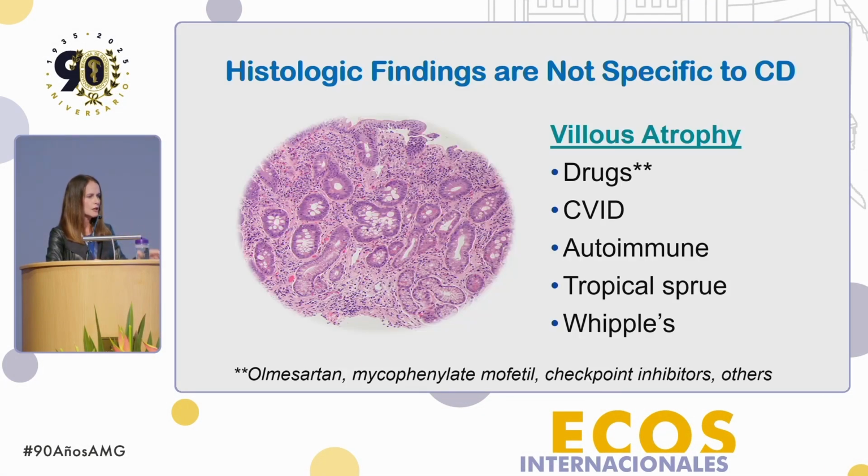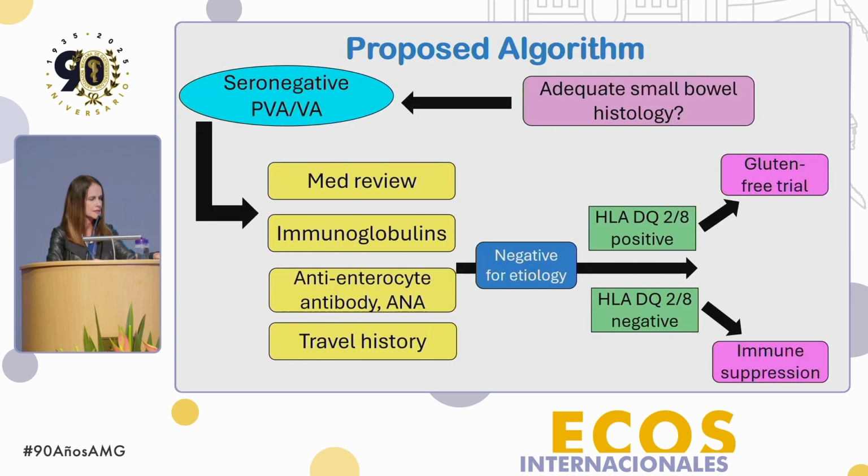So just remember, all histologic findings are not specific. I mentioned the ones with villus atrophy to think about drug therapy, immunoglobulin deficiency, autoimmune enteropathy, tropical sprue, and Whipple's disease. So in this case, again, assuming you've had adequate small bowel histology and they're truly seronegative with partial or total villus atrophy, review the medications, check immunoglobulin levels, think about checking anti-enterocyte antibodies or ANA, knowing there's some limitations, take a careful travel history.